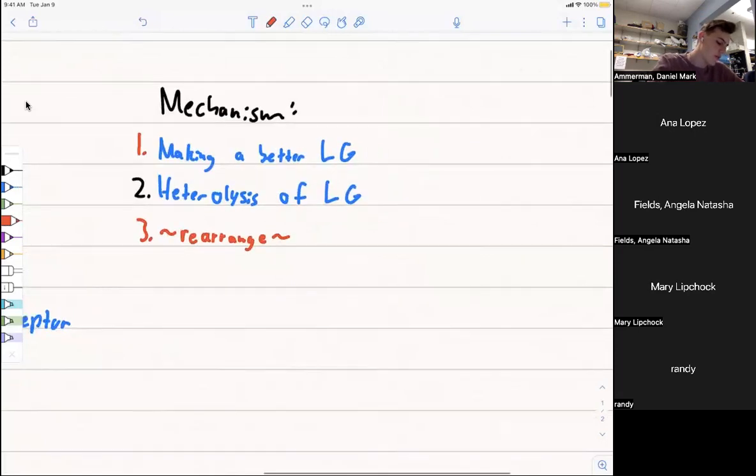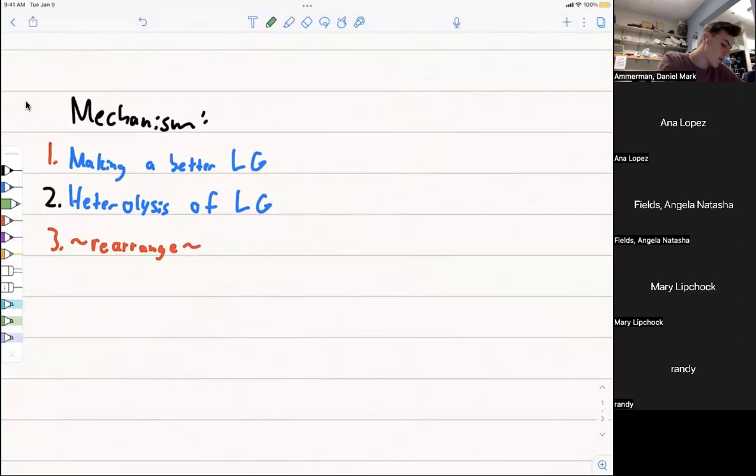And then we'll go over the 3 types of rearrangement. They are a hydride shift, a methyl shift, or a ring expansion.